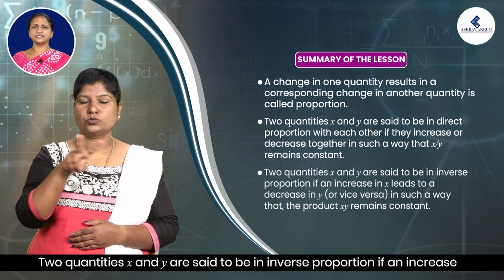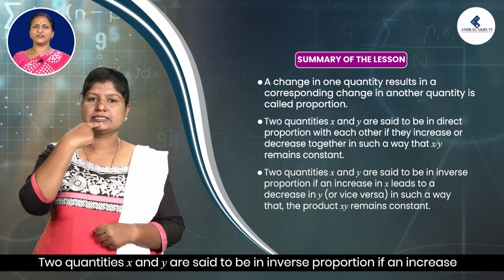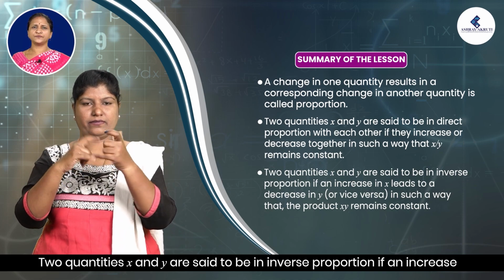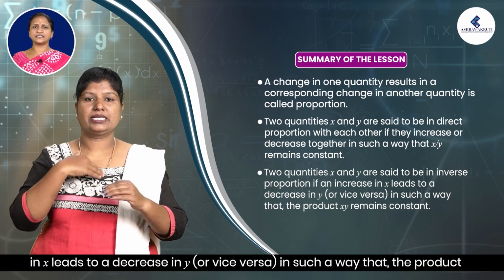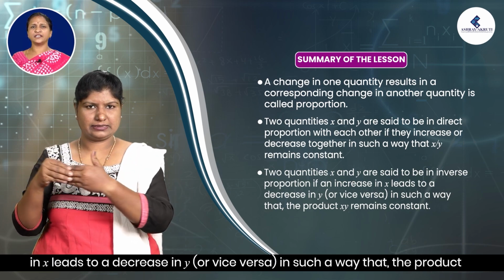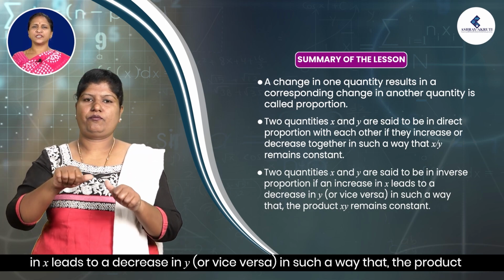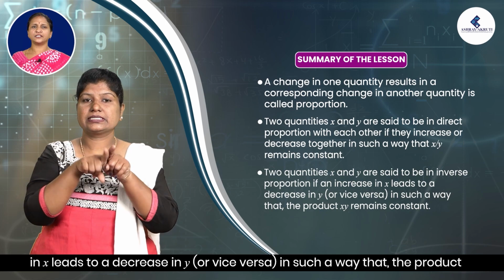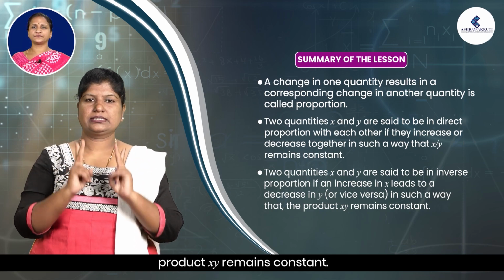Two quantities x and y are said to be in inverse proportion if an increase in x leads to a decrease in y, or vice versa, in such a way that the product xy remains constant.